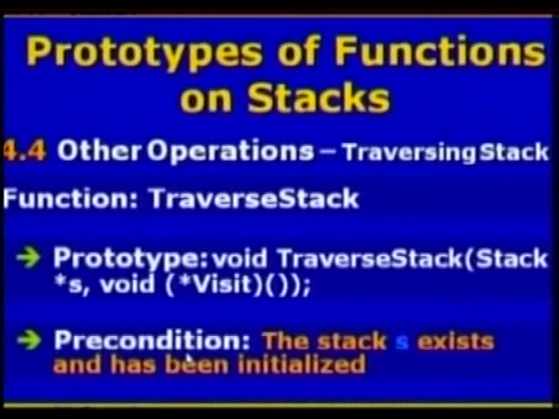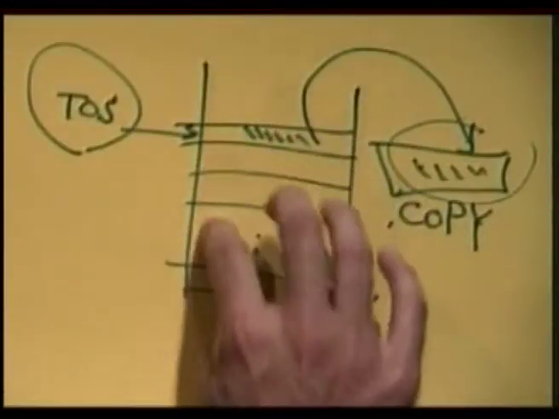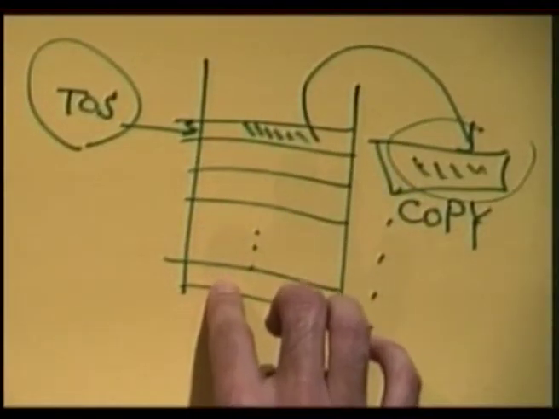The precondition for this function is just that the stack exists and is already initialized. It has some entries in there. And as a result of this, the postcondition is that the function visit has been invoked for every entry in the stack, beginning from the entry on top of stack down to the very last entry in the stack.